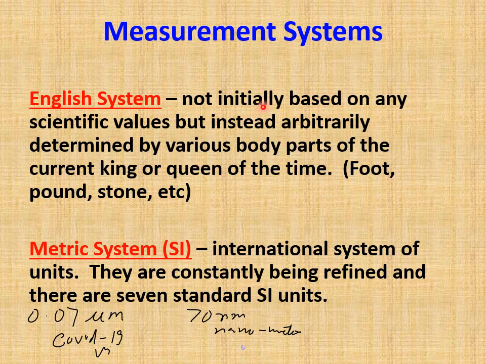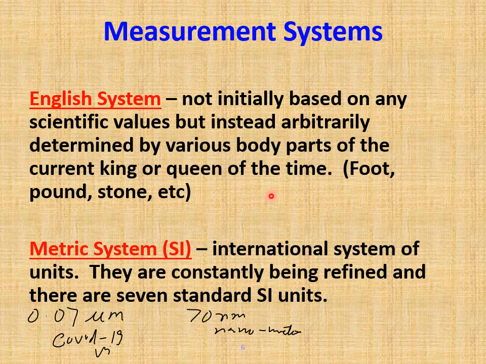So, having learned about the quantitative reference of the fundamental quantities like length, mass, and time, and we didn't talk about electric current, but probably we'll not talk about it in this semester. There are two different commonly used measurement systems.